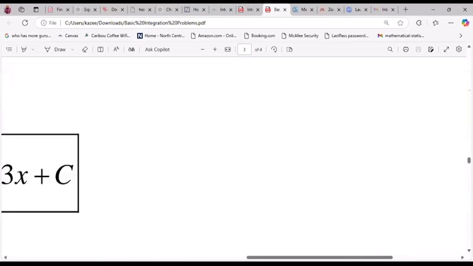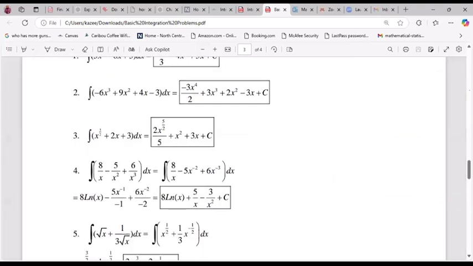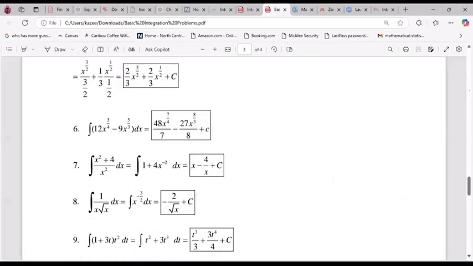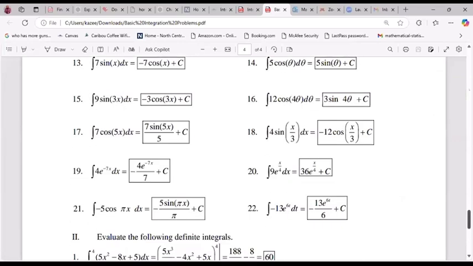Now, the next is to talk about the exponential function. How do we integrate an exponential function? What I'm going to do first, I'll first show you a general rule.